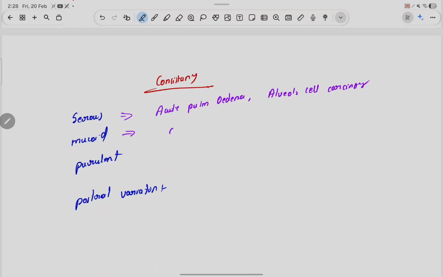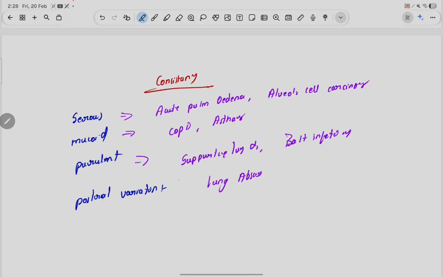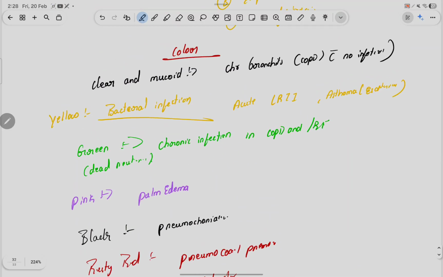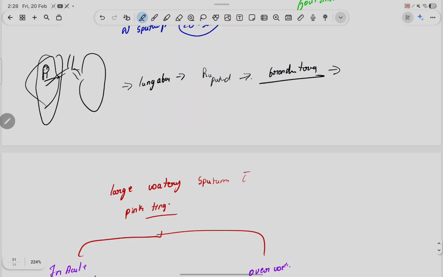The mucoid will go with COPD as well as asthma. In the purulent, we'll go with suppurative lung disease with bacterial infection. And the postural variation will go with lung abscess. So I completed consistency and color.